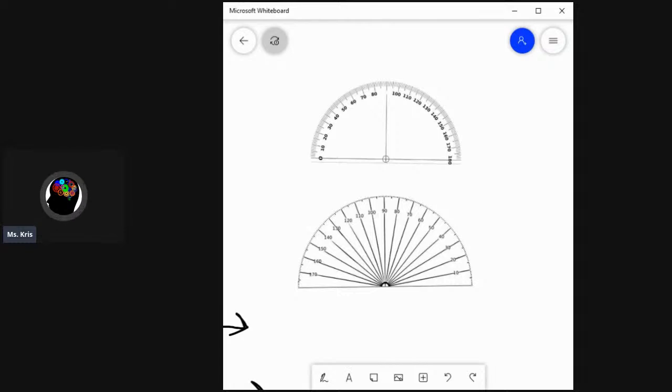As you can see, in both of these, my 90 degree is straight up and straight out. That's what makes it a right angle.